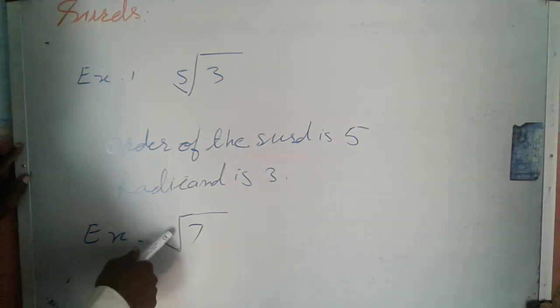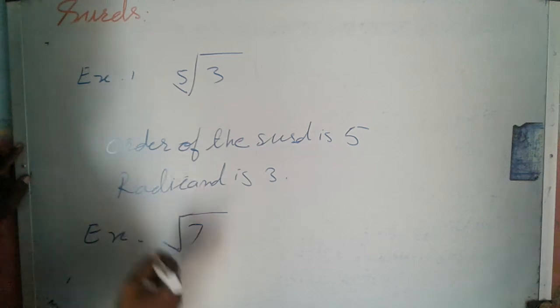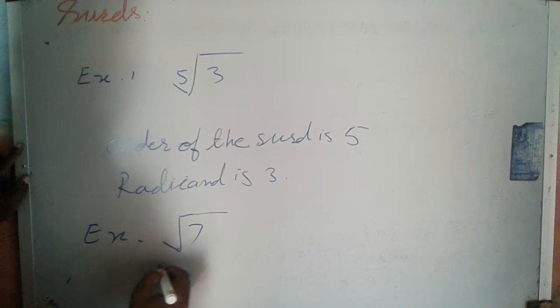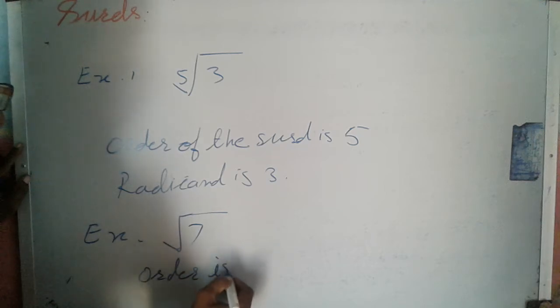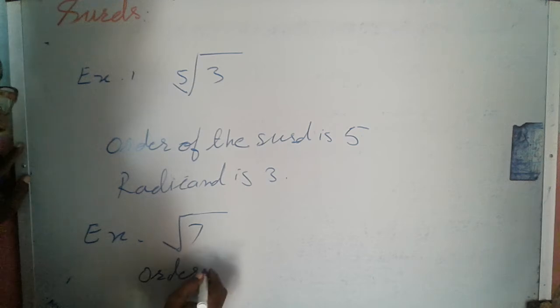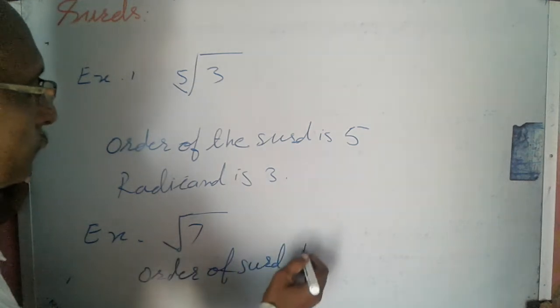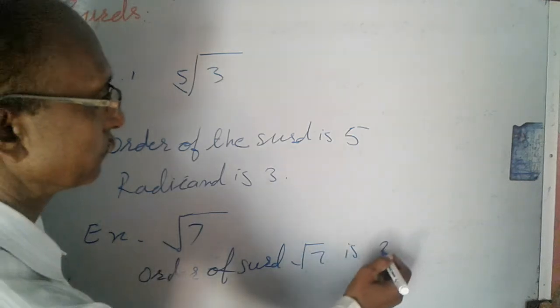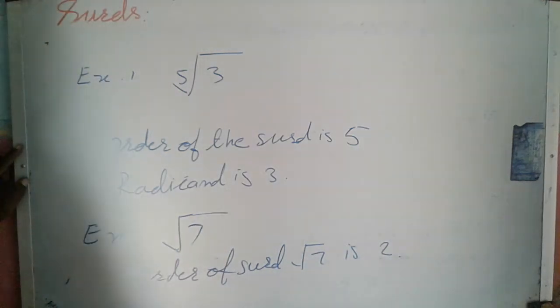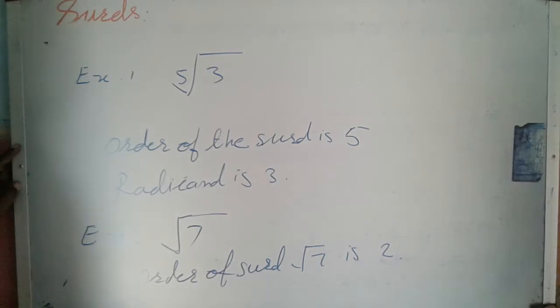If no number is written here, then it is assumed that the order is 2. That means the order of the surd is 2, and the radicand is 7.